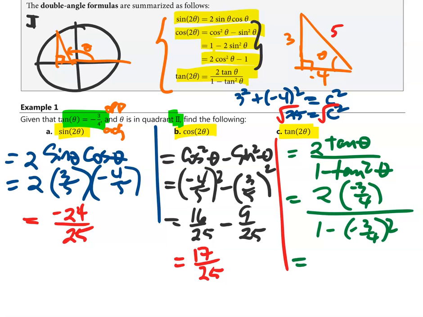So let's simplify this. 2 times -3, -6/4 is -3 halves, all over 1 minus -3/4 squared, which is 9/16.